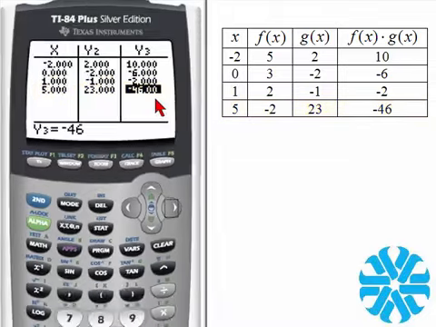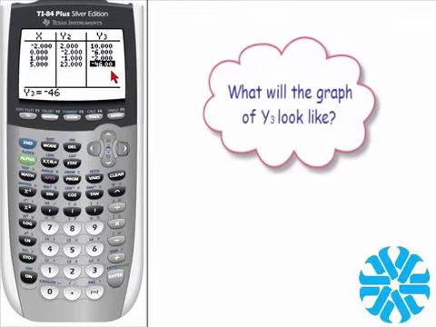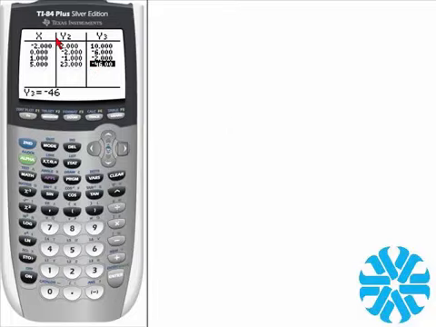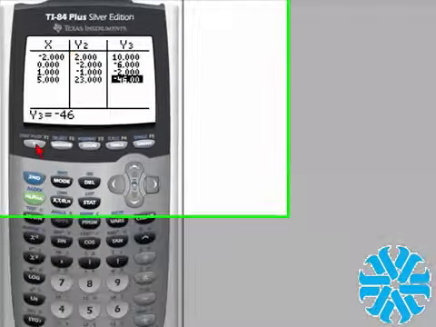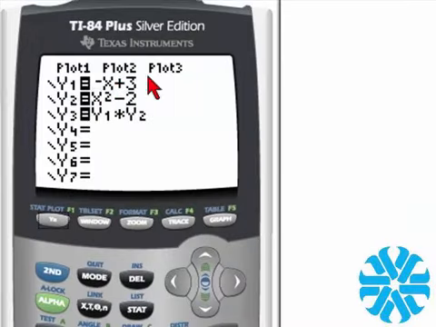Now let's just take a moment to think about what the graph of y3 would look like. We already know that y1 is a linear function, that's a straight line, and we already know that y2 is a quadratic. Just go back to look at that. So here's our linear, here's our quadratic, but what would the product of these two be? Well, if you can kind of imagine in your head, if you're taking the product of this function and this function, you know our highest degree is going to be 3. When you multiply minus x and x squared, you're going to get something cubed.